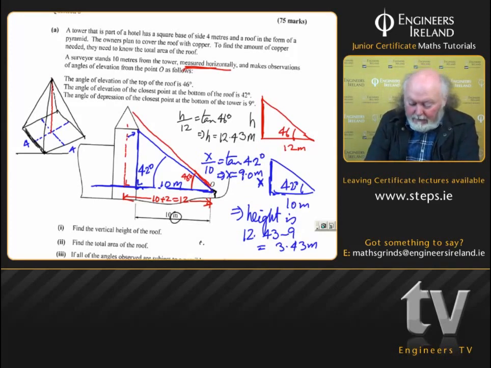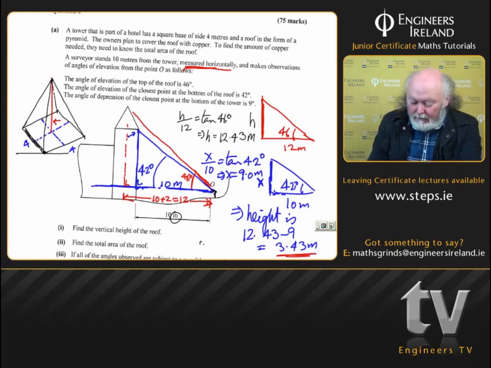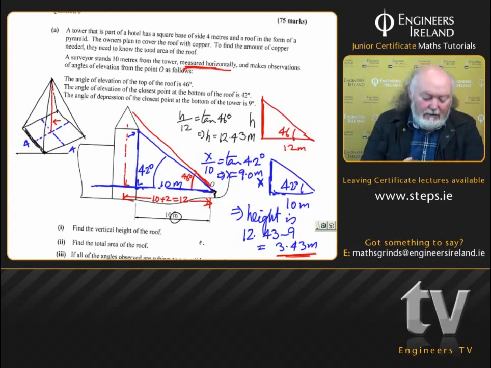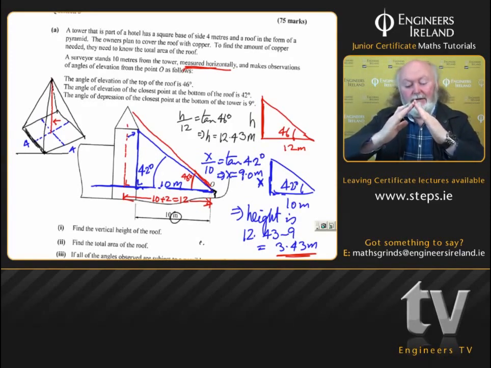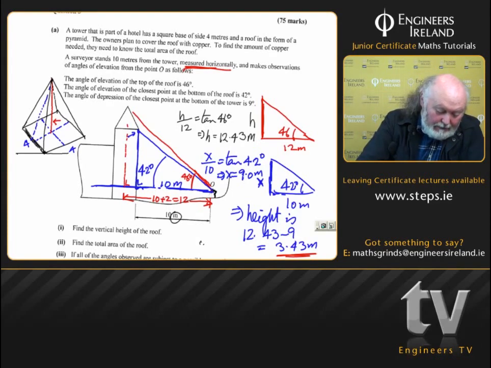What have we worked out? We've worked out that height there. We know it's 3.43 meters. But there's 4 triangles making up this roof, and each of them are sloped. They're sloped into a point like this, and we know the vertical height. What we have to work out is that. We don't know that height. What length is that?